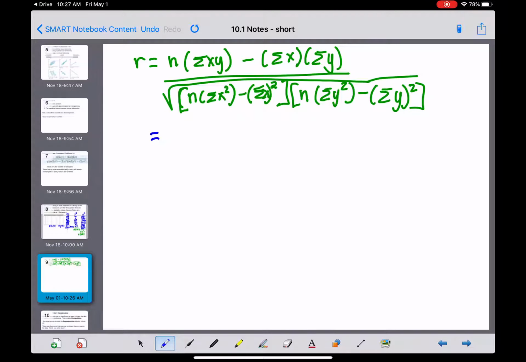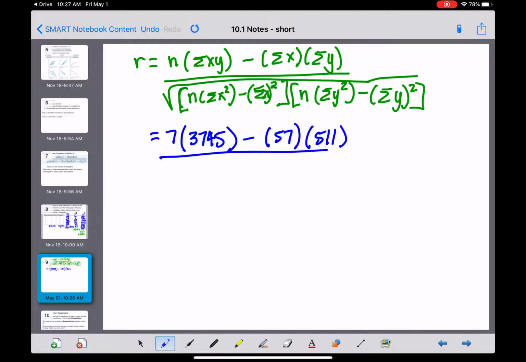Our n was 7. Sum of the xy's, we had 3,745. The sum of the x's was 57 and 511 for the sum of the y's. Then we have n times the sum of x squared.